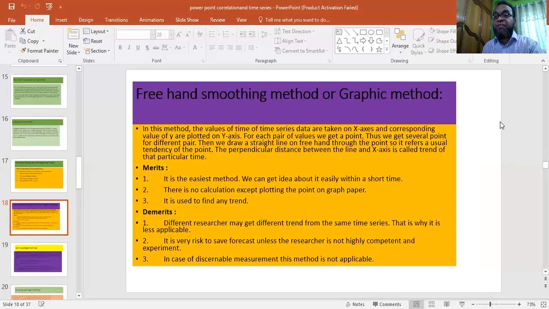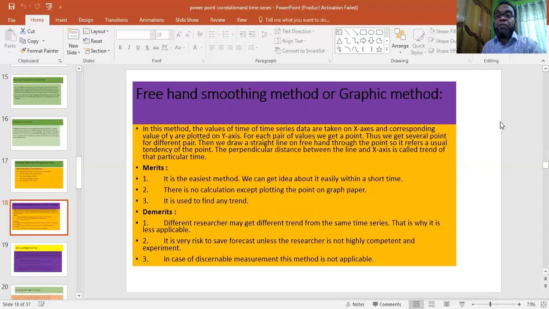From the name, it is clear that for solving this math, you need a graph paper. In the graph paper, we will solve it. You will put the data on graph paper, and this is the graphical method. In the graphical method, you can know the trend of the given data.